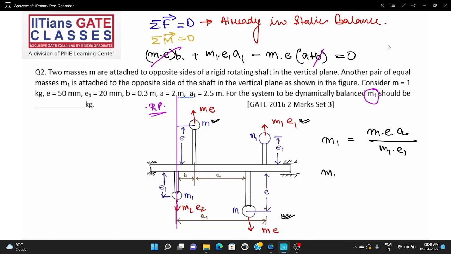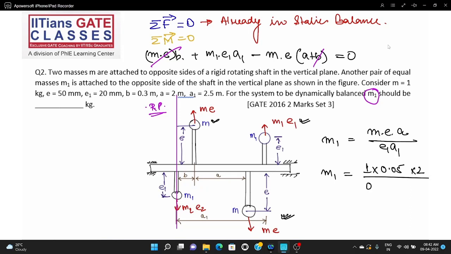So M1 is equal to, if you substitute the values, the value of M is equal to 1, E is equal to 50 mm, means 0.05 m, A is equal to 2, divided by E1 A1.